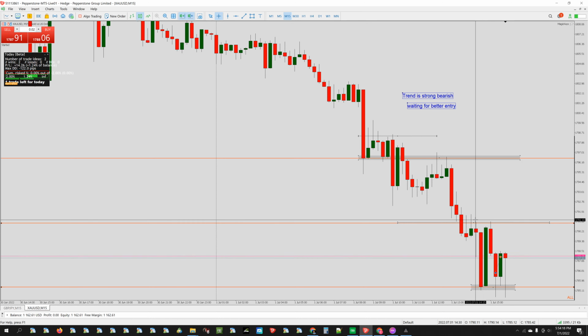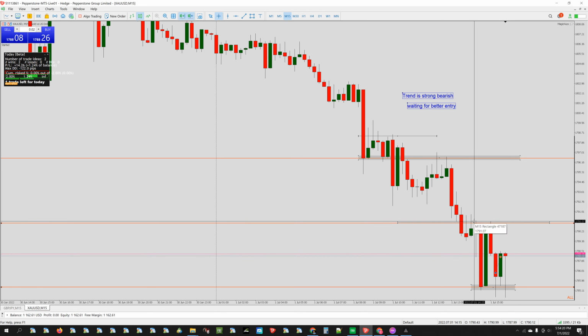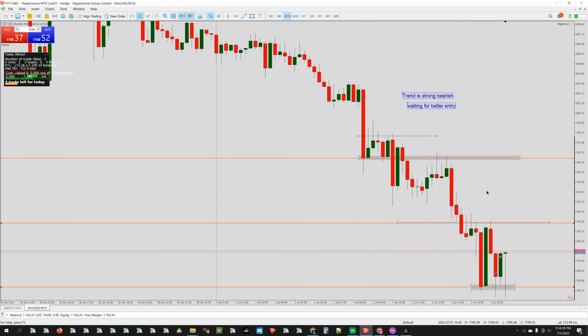Now there is very high probability that if we break above 1791 we can keep pushing up. We are just waiting at this point. But we need to break and close above 1791 for a better buy entry.